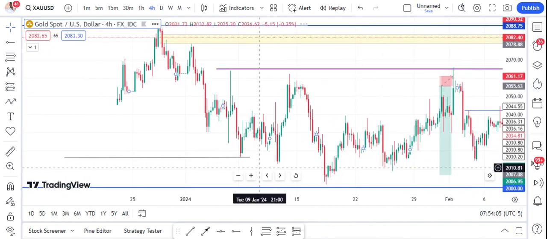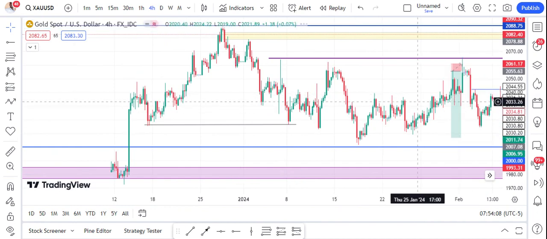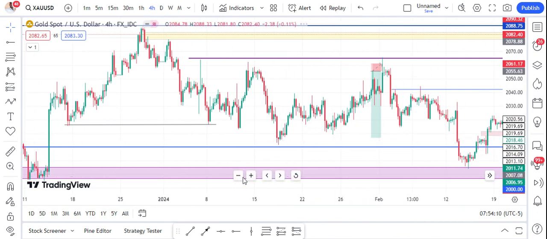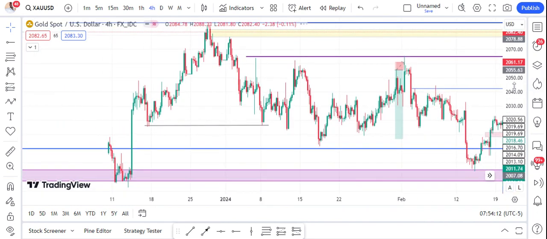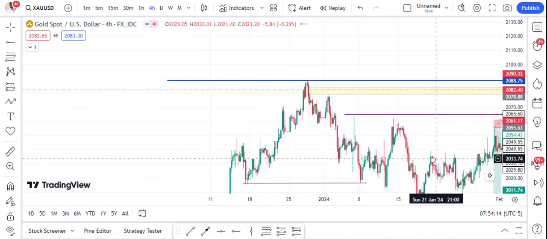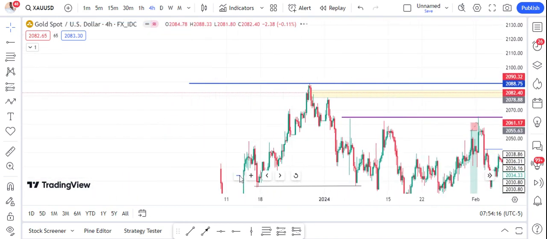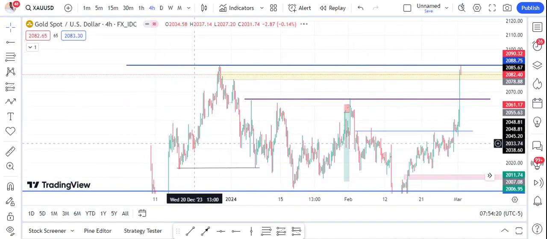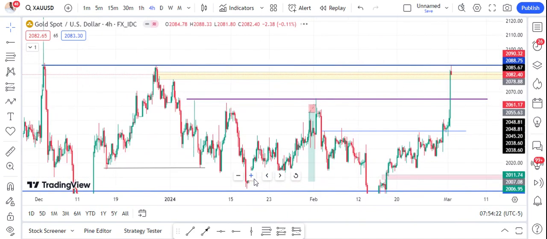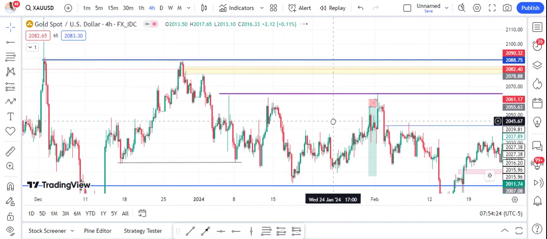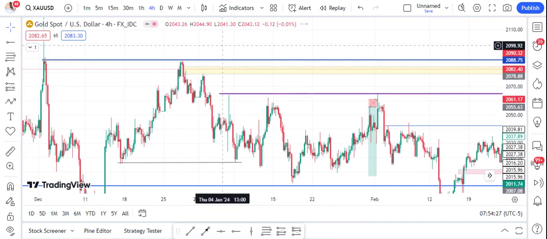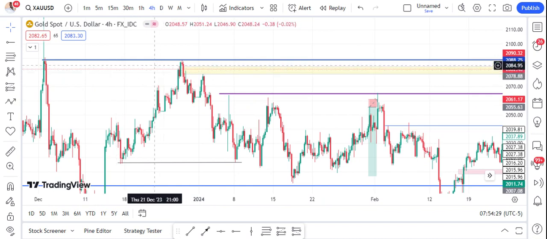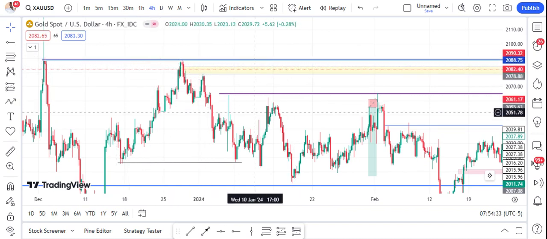Let me shrink this a bit. This zone, I put this line here because it's looking like an equal high.